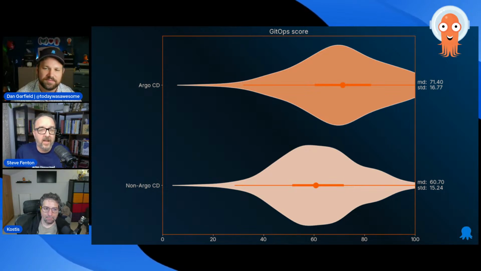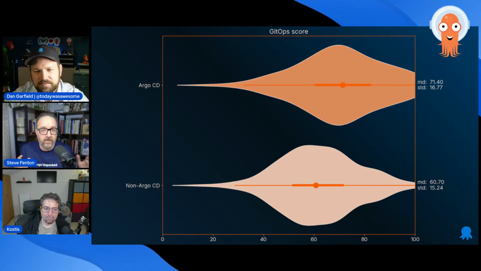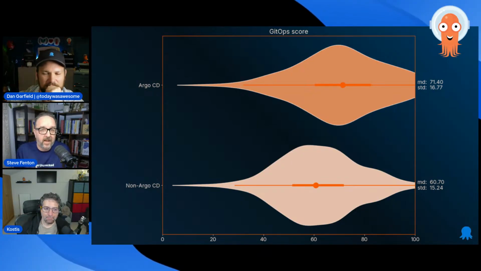Yeah, exactly. You always have these things called distributions in data, and they can be normal, which is a bell curve, or they can lean one way or another. And this one leans towards the 100% mark on Argo. So there is more data above that median number, which is also a good sign with your data.